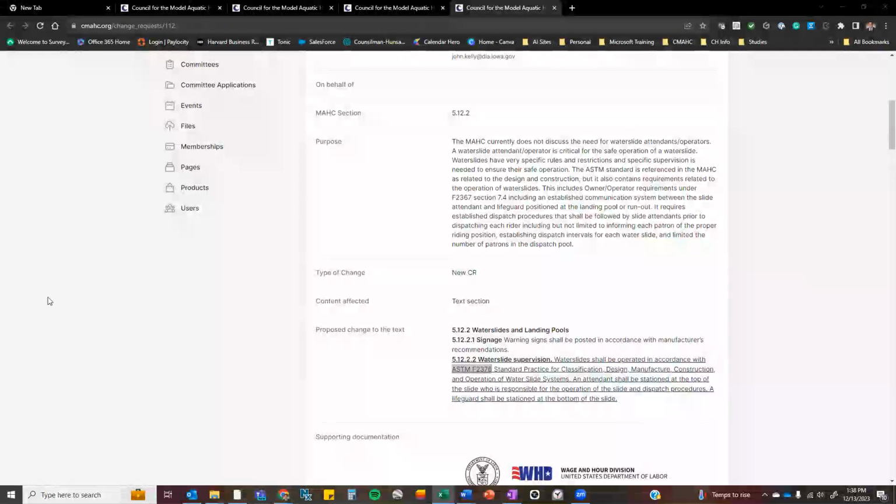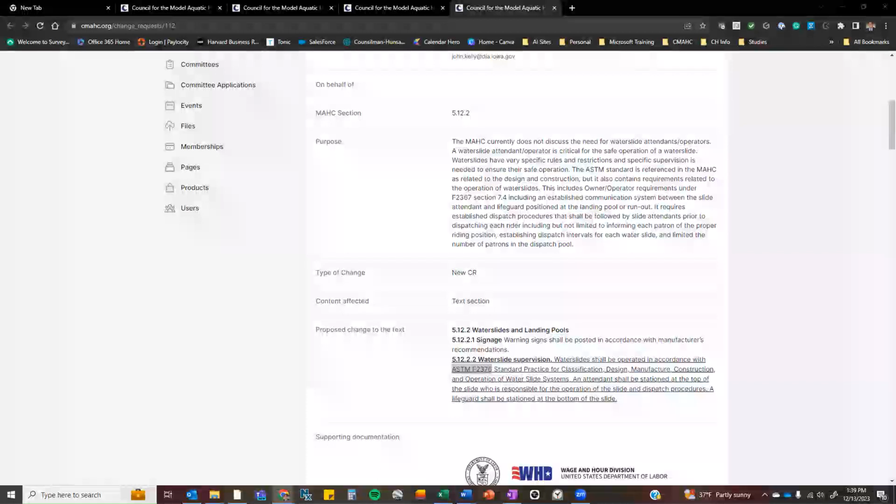Correct, and I think that's okay there, but adding that there is an attendant required at the top of each slide, or at the top of the slide as it's worded, would be potentially an issue. And if that's what it says in the ASTM F2376 under the operations section, it basically says that has to be provided by the manufacturer and that the operator has to follow the manufacturer's guidelines. It does not say that you necessarily have to have that person up there.